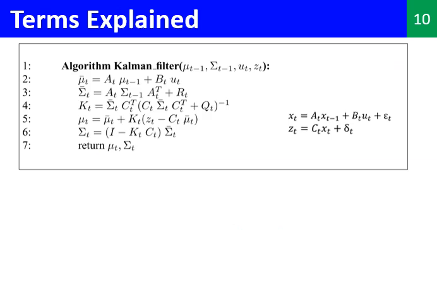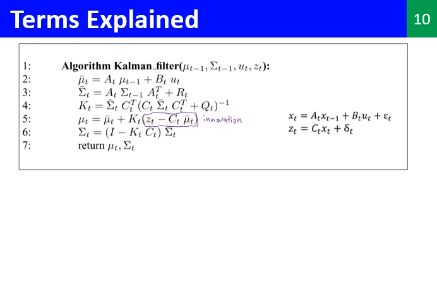Now if we look at line 5, we call this term the innovation. So what is special about this innovation term? It is the difference between the actual measurement zt and the predicted measurement.